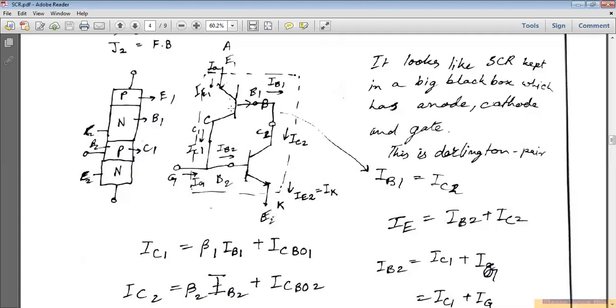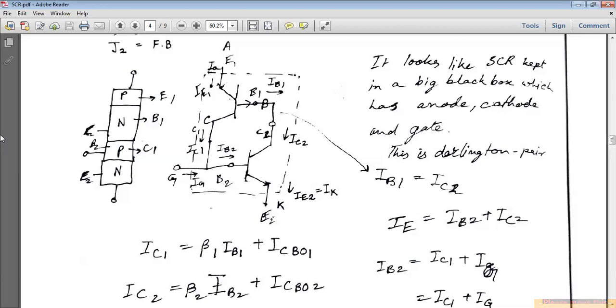So from this combination, we can see the base current of the first transistor is going to the collector of the second transistor. So IB1 equals IC2. Now IE is actually the emitter current.